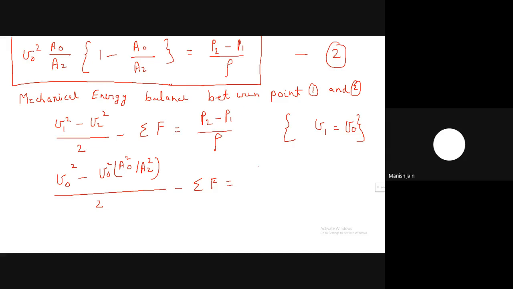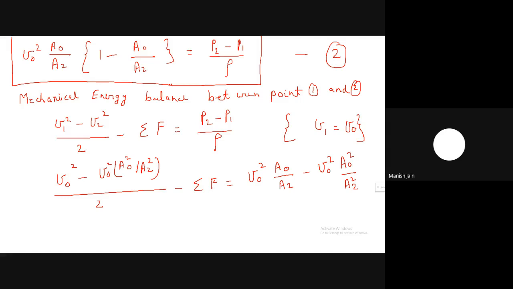So just open the bracket, you will get V0 square (A0 by A2) minus V0 square A0 square divided by A2 square.